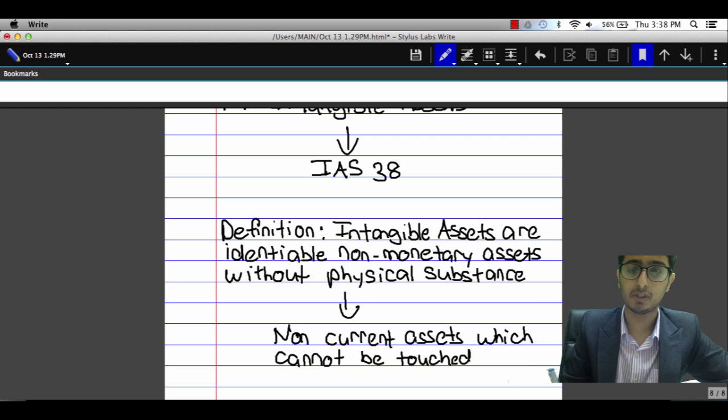Examples could be, say, purchased goodwill, patents, trademarks, copyrights. These are assets which do not have any physical substance, meaning we cannot touch those assets. But those assets are present to give us benefits.